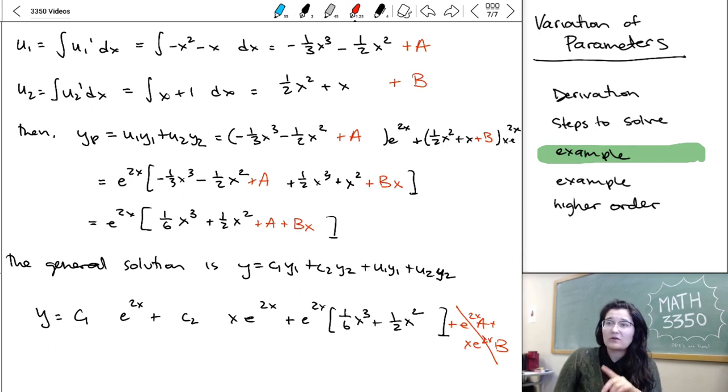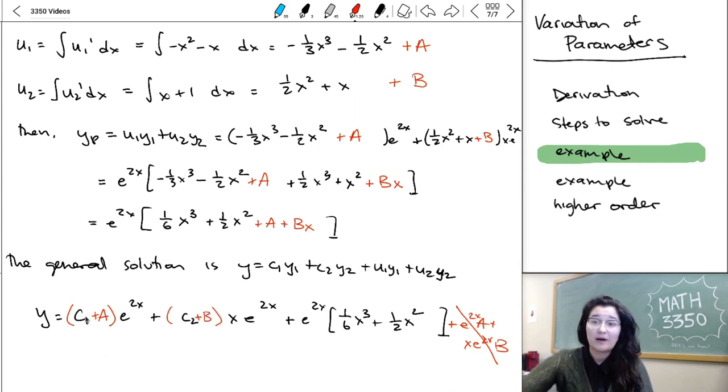Instead, you'll note that when you introduce that constant, it's always going to be multiplied by a solution to the differential equation. So a is multiplied by e to 2x, it becomes part of c1, and b is multiplied by x e to 2x, so it becomes part of c2.